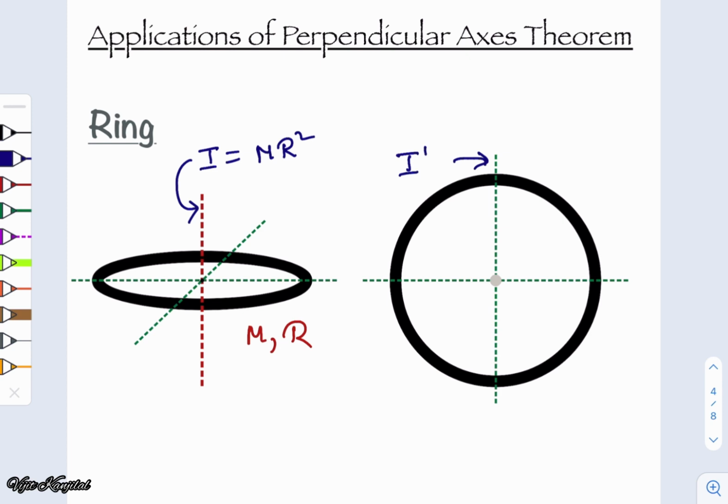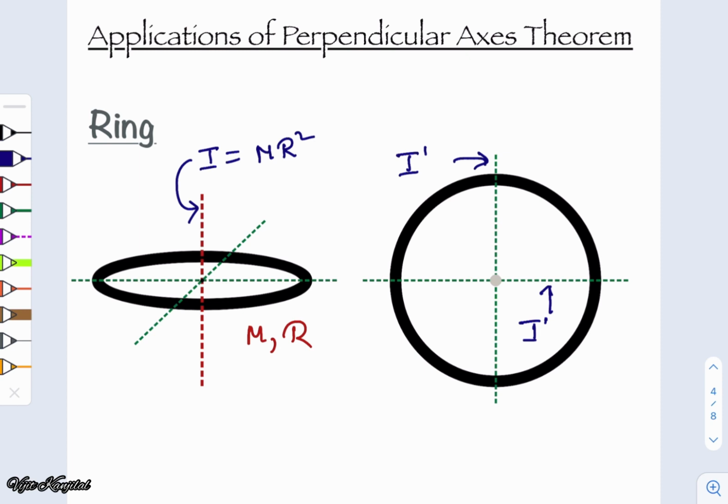As there is a symmetry in the ring, there is no difference between this particular axis and this particular axis, which are mutually perpendicular to each other. And both this axis and this axis are lying in the plane of the ring. So the moment of inertia of the ring with respect to this particular axis would also be I dash.